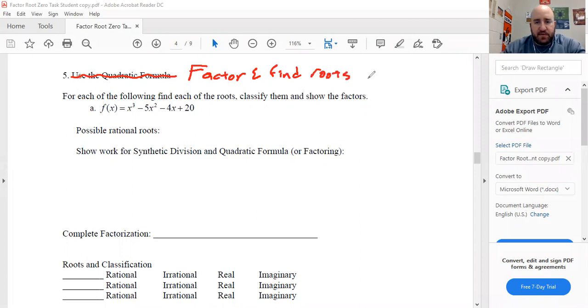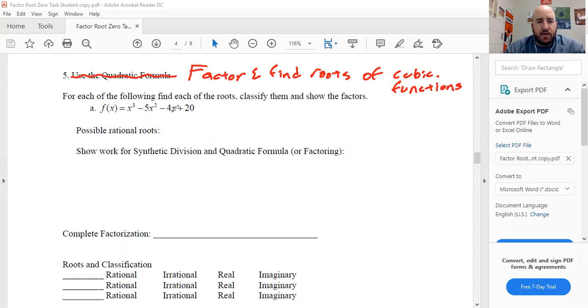Depending on what class, if you've been doing this a lot with me in class, I either put of cubic functions or of polynomials. I'll put cubic functions for now because that's what part 5 is. And like I said, part 6 is quartic functions and quintic functions. All right.